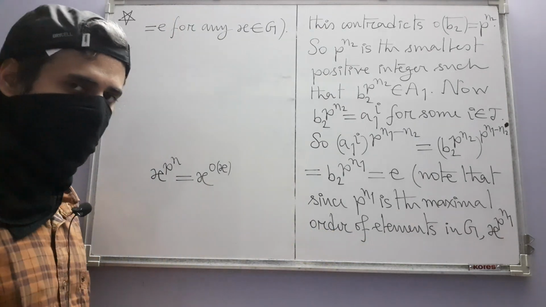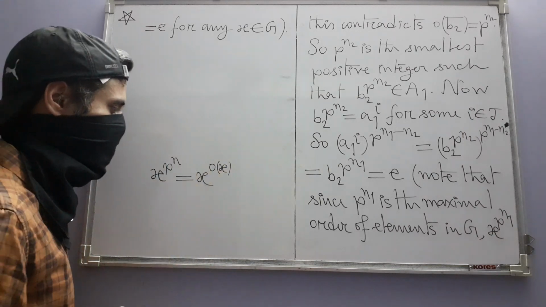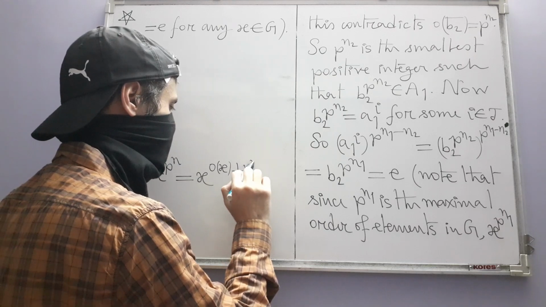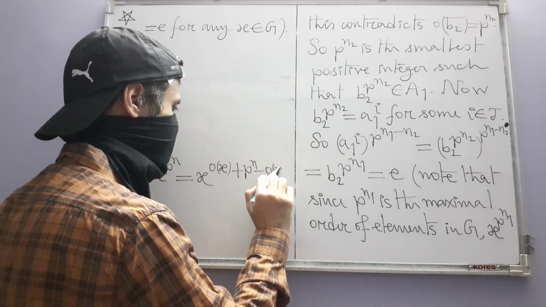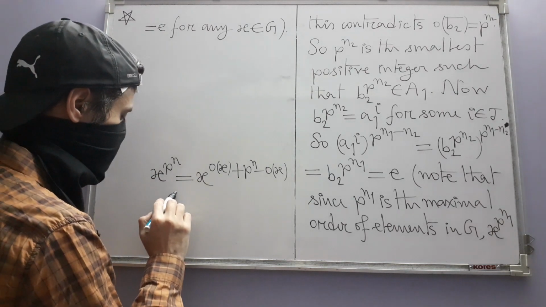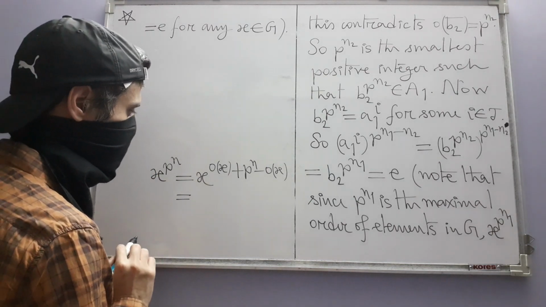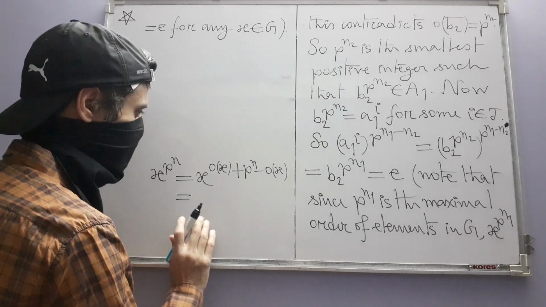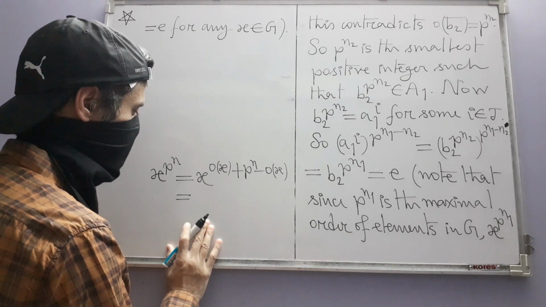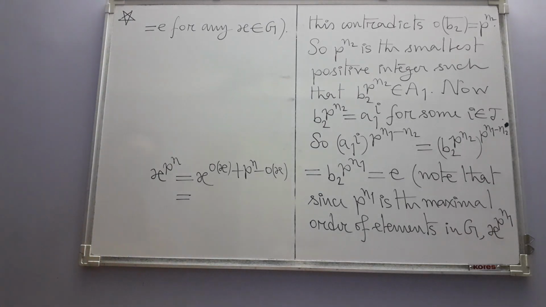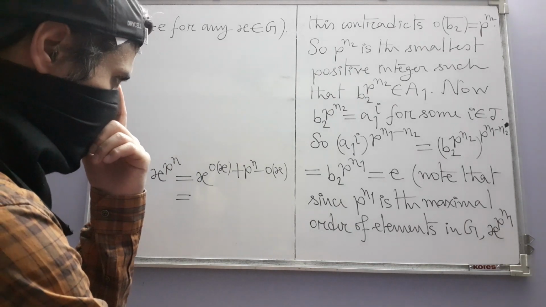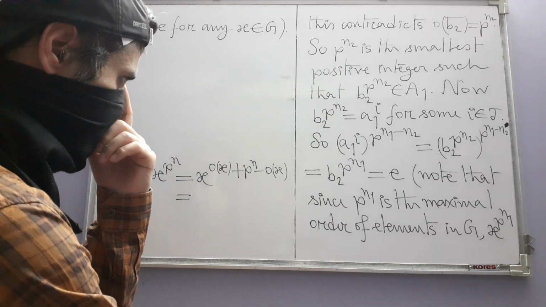After all, we are in a finite group, so this is a positive integer. Plus minus this, okay? And this gives us what? I think, okay, hold on. Actually, this is not why we will get this equal to E.